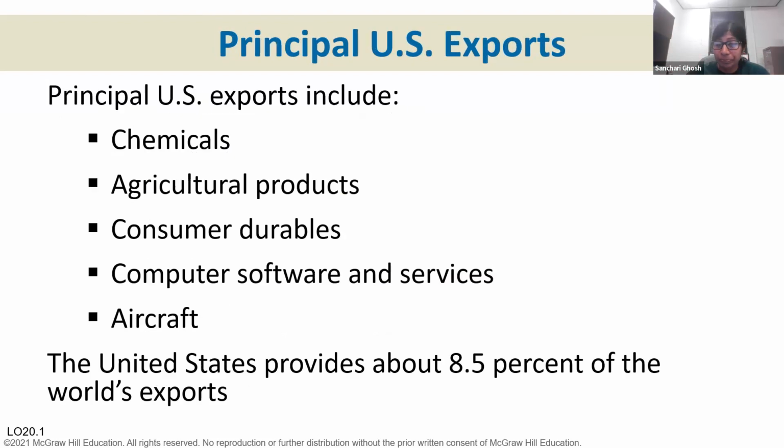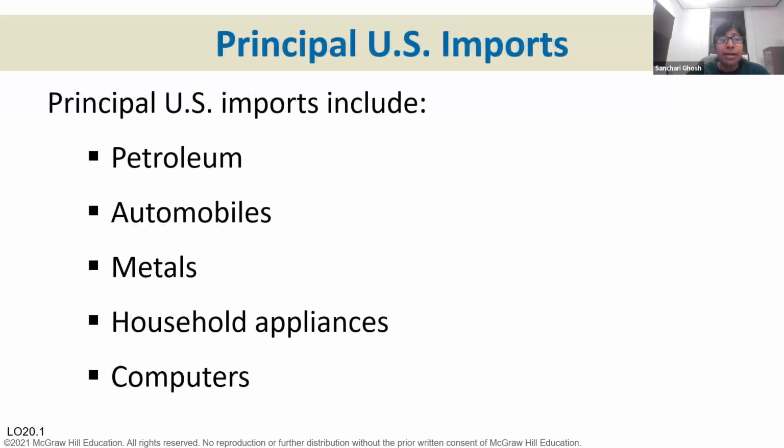Consumer durables, as you know, are some of the durable appliances. Whereas US has done much better with petroleum and oil, mostly over the last few decades. In fact, it has become a world leader in energy exports right now. So there was a time when petroleum was big in US imports, automobiles, metals.